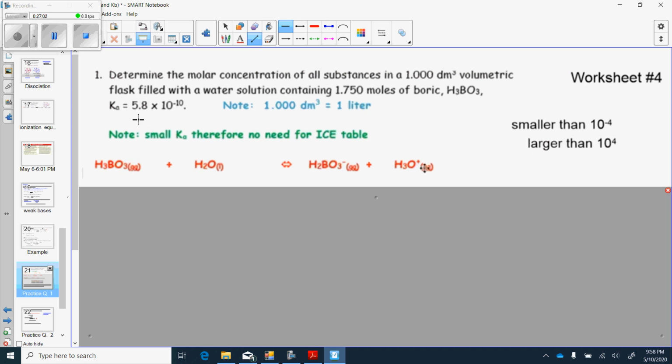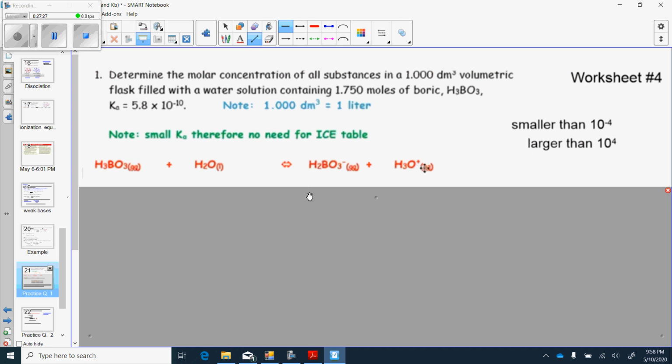So our Ka is 5.8 times 10 to the -10, so we can use our approximation here. No ice table necessary. If your Ka or Keq or Kb, whatever you're talking about, is smaller than 10 to the -4 or larger than 10 to the 4, that's the approximation rule. You don't have to use an ice table because the amount of ion being produced is too small to worry about.